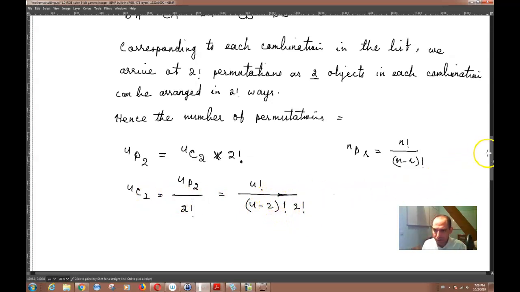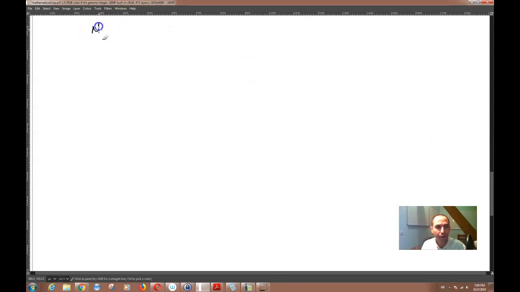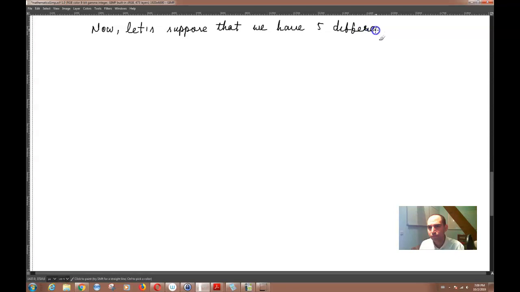Now let's suppose that, for example, this time we have 5 different objects, and the objects are A, B, C, D, and E. So I have 5 different objects here.